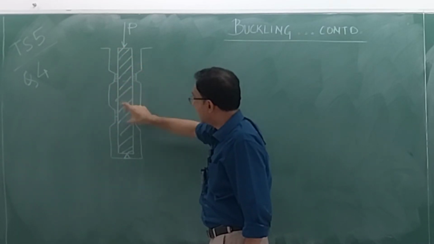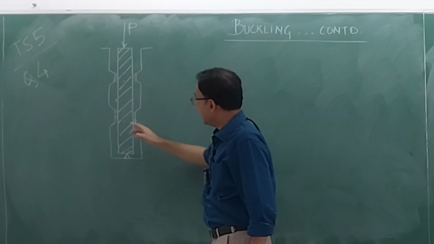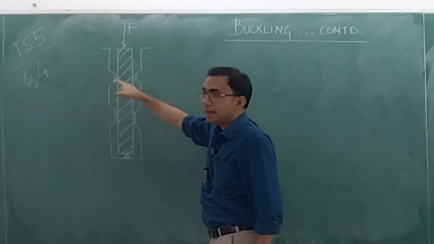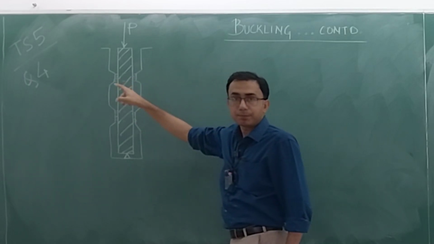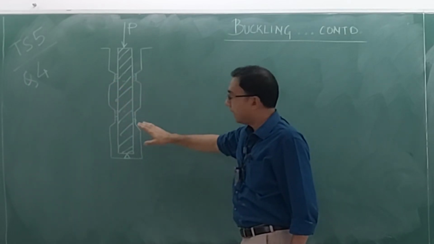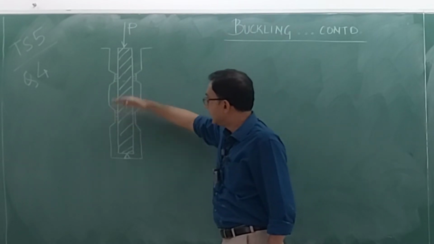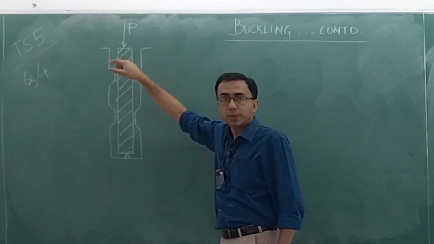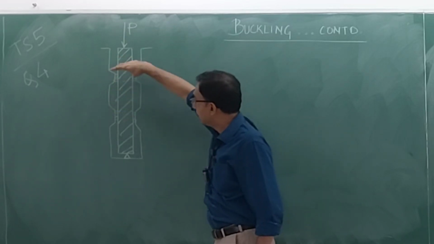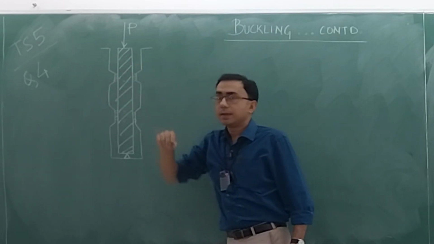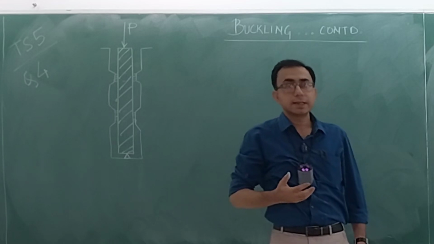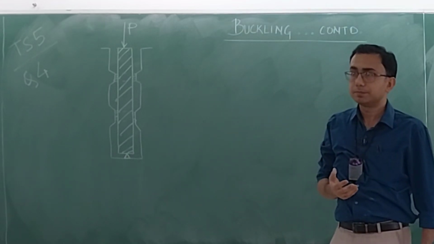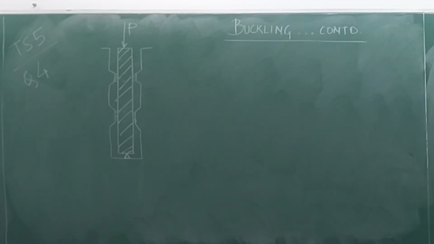Now here and here, what do you have? Well, these are like vertical guides or guided supports. They do not prevent the movement in this vertical direction, but they prevent the rotation. Okay, they prevent the rotation like this. Prevent the rotation means what? It is a clamped end or a fixed end. Okay, so let me just.